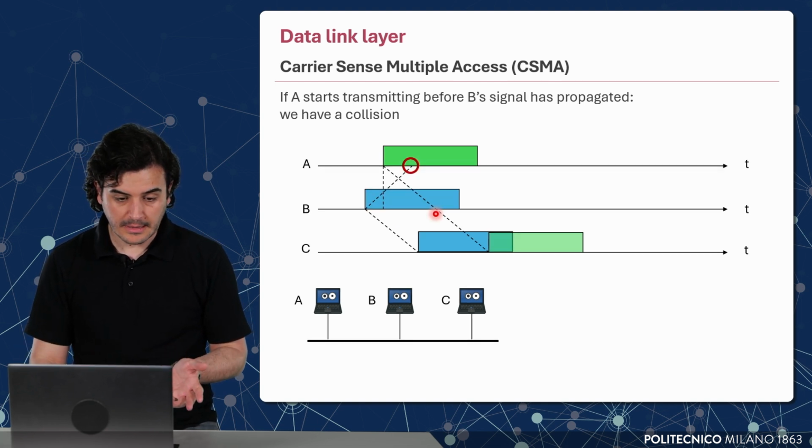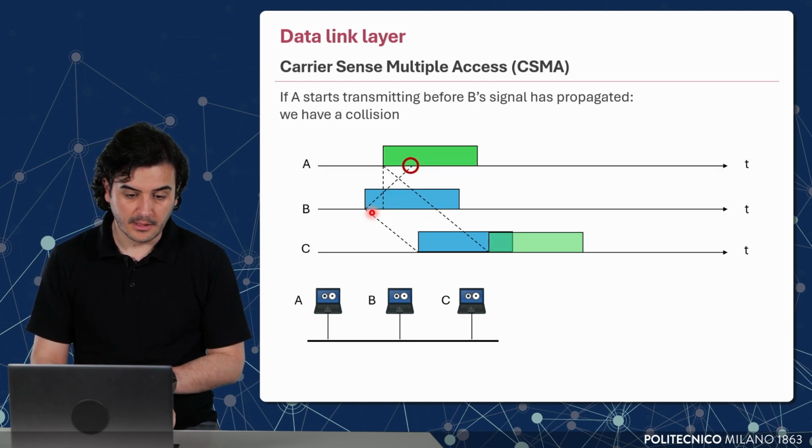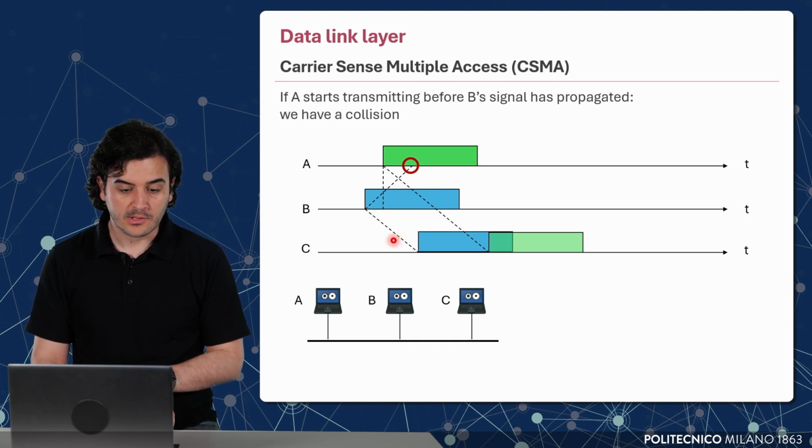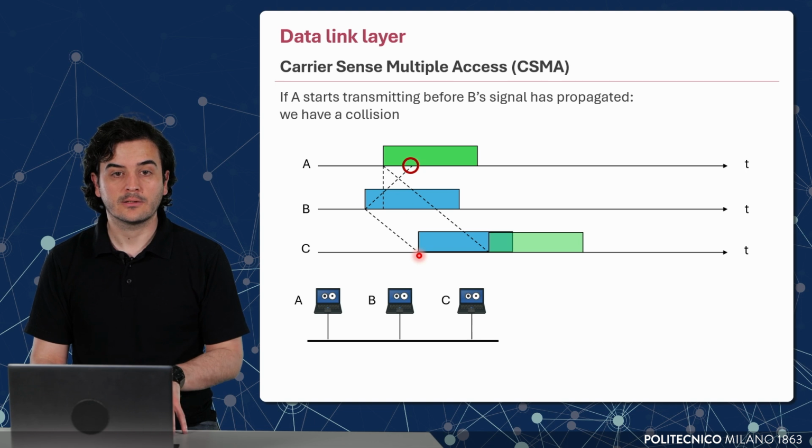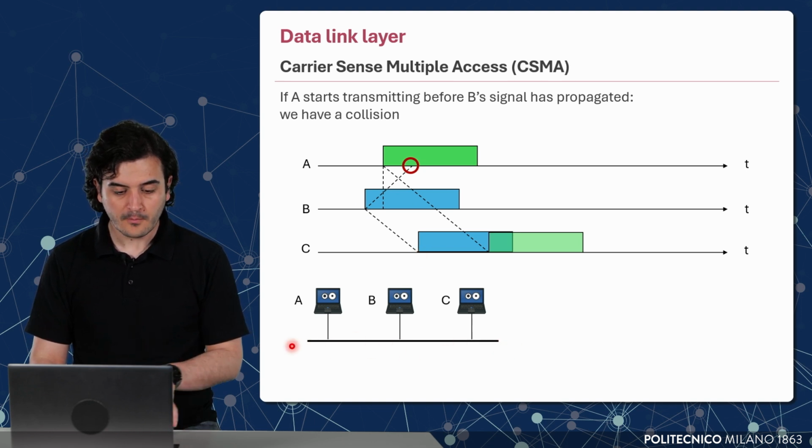In this case, B intends to transmit, so it lets both A and C know that it intends to use the channel, the transmission medium which is shared by all.